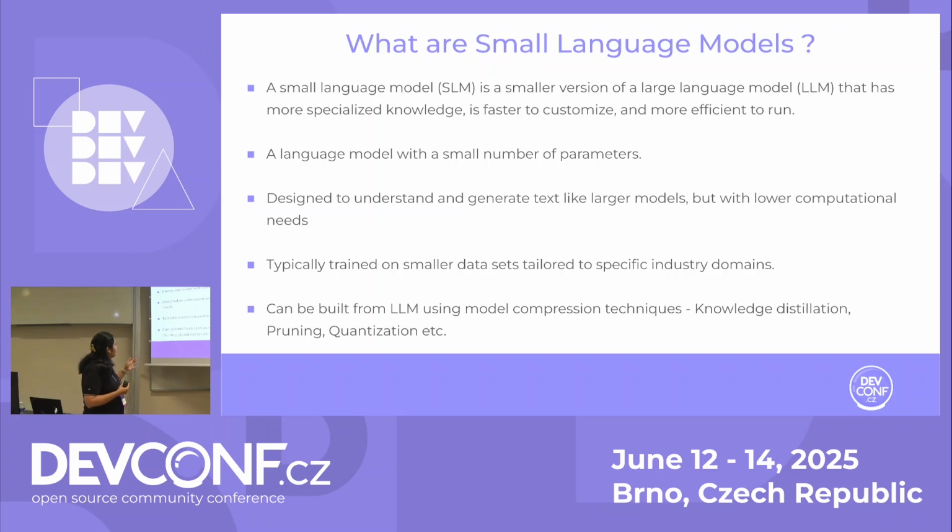Next is the pruning part. Pruning is basically removing the unnecessary things which an LLM has. For example, in the neural networks which the LLM has, these parameters also have specific weights and biases.